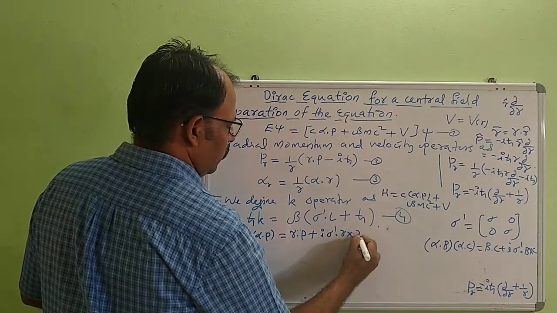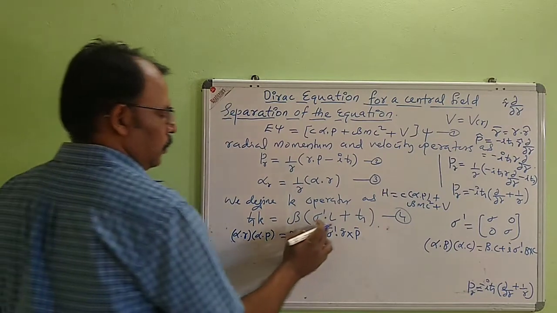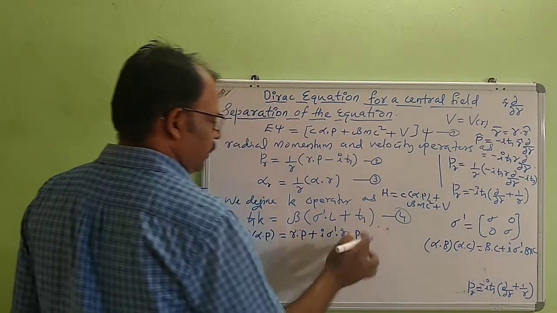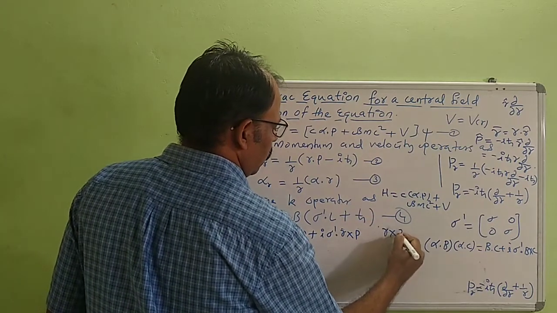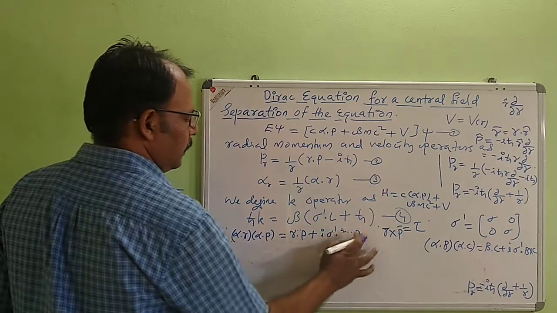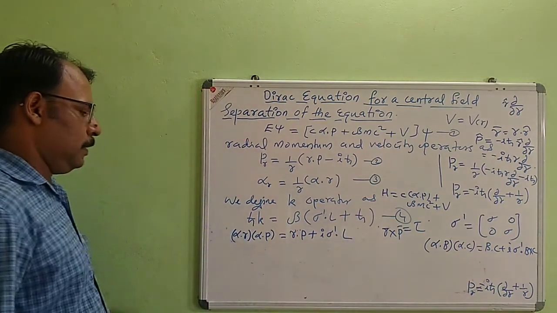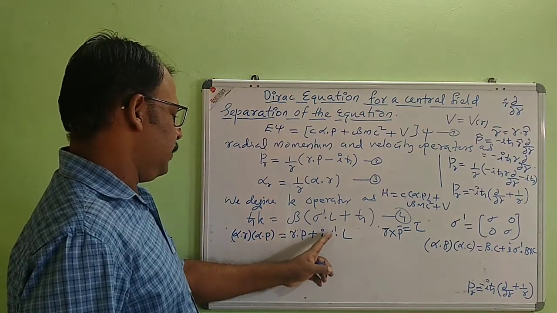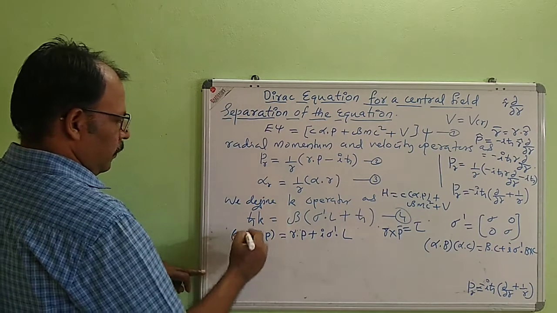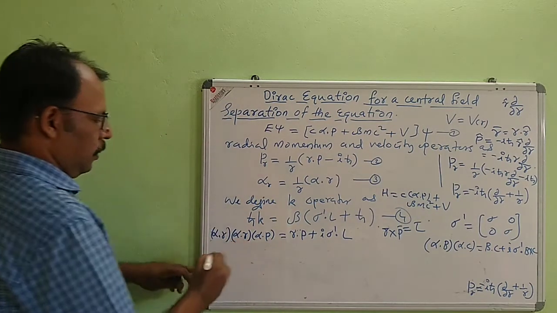R cross P is the angular momentum L, so we can write it as sigma prime dot L. So it is R dot P plus I sigma prime dot L. Again I am multiplying this with alpha dot R from the left.